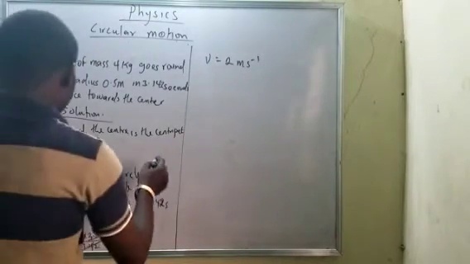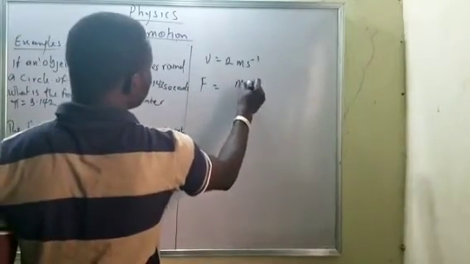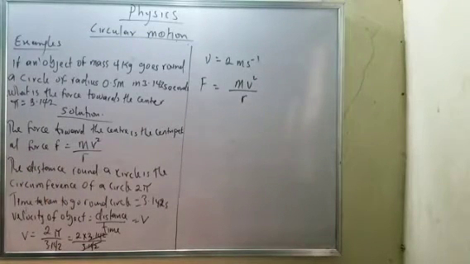I can now continue by having my force. My centripetal force will be mv squared divided by my radius. It means what is my m?